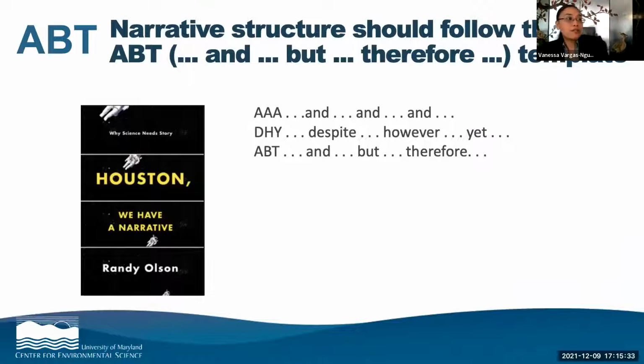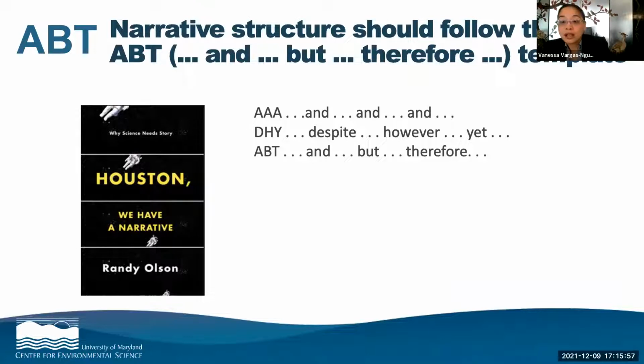Third, I want to talk about a narrative structure that we like to teach, and this is the ABT structure. This was popularized by Randy Olson, who is a scientist and filmmaker, who has published two important books on narrative structure, including Houston, We Have a Narrative: Why Science Needs Story.